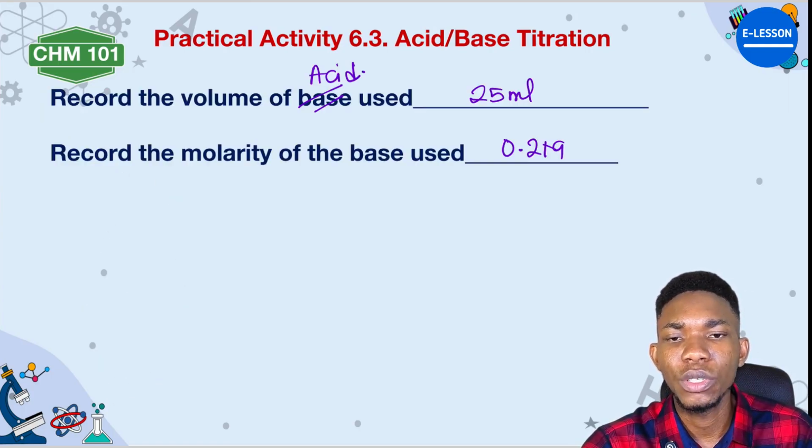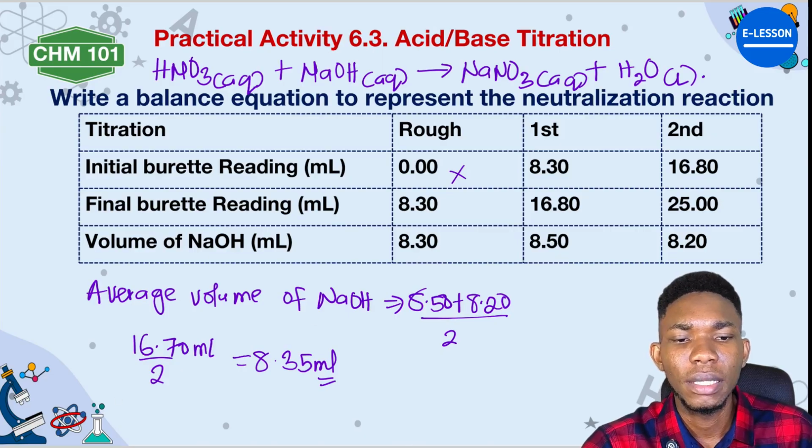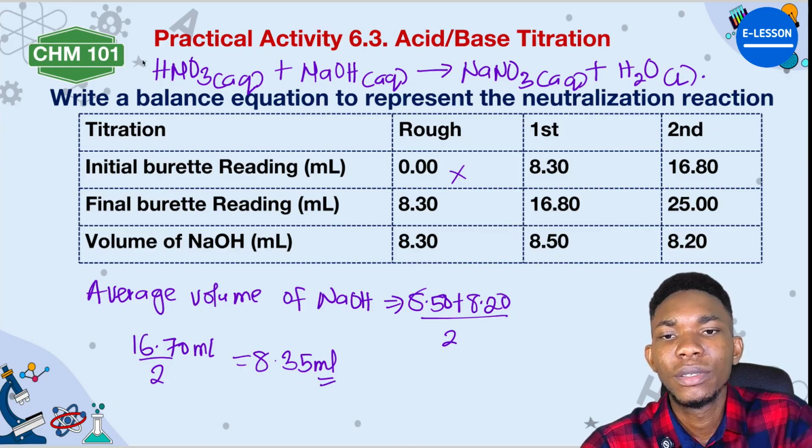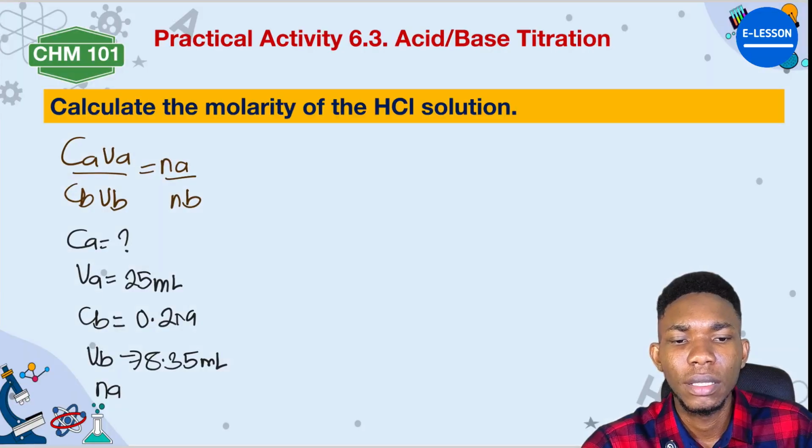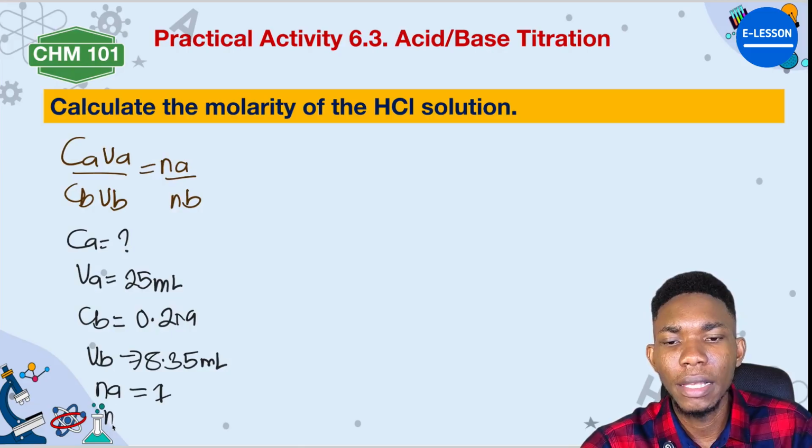From the balanced equation, the ratio of acid to base is 1:1, so Na is 1 and Nb is 1.